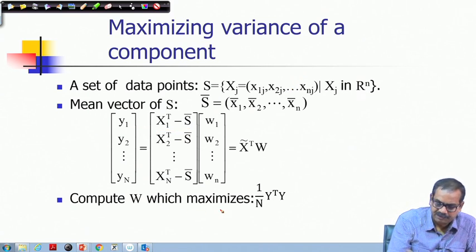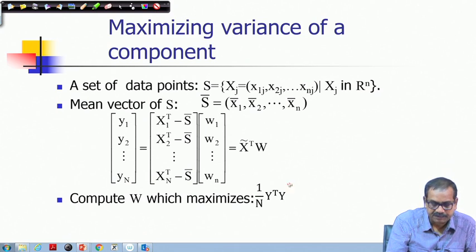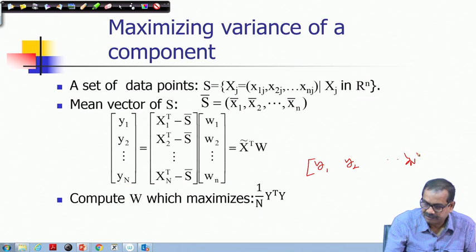We are maximizing this particular factor, y transpose y, and y transpose y can be written as y1, y2 to yn, times y1, y2 to yn.